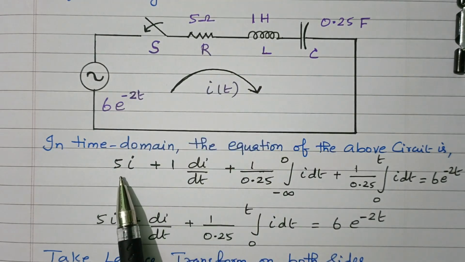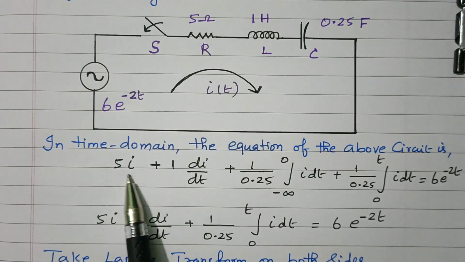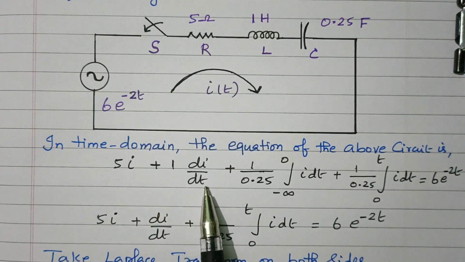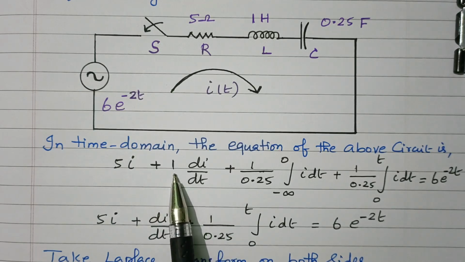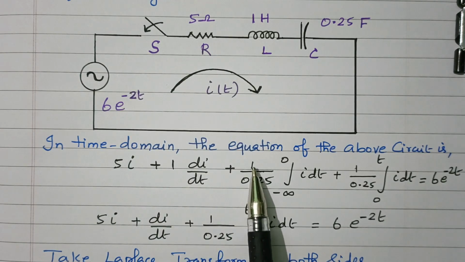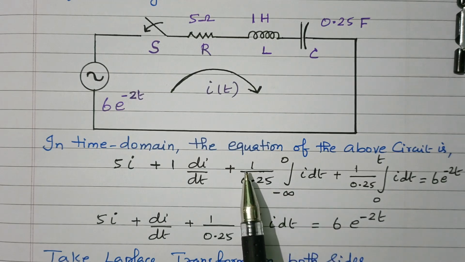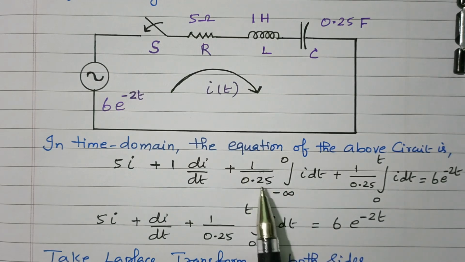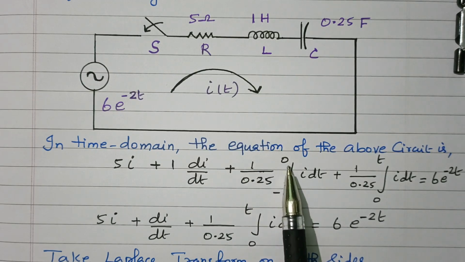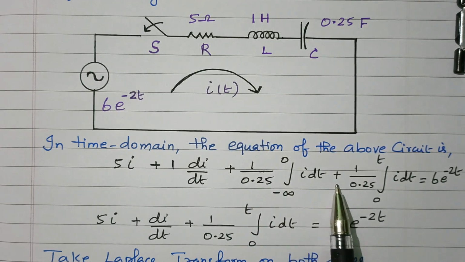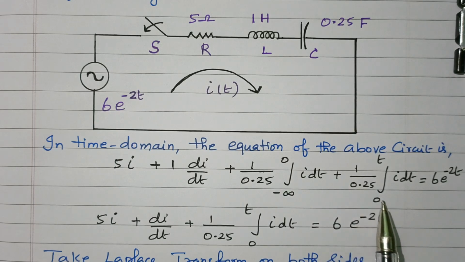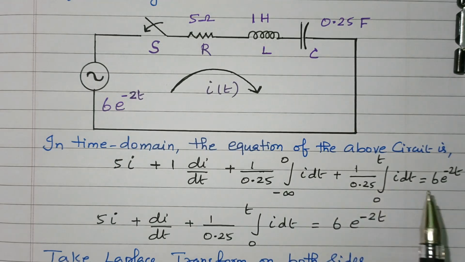So 5 into i, voltage drop across resistor, plus voltage drop across the inductor, 1 L di by dt, the L value is 1, and 1 by C integral i dt, that is the voltage drop across capacitor. 1 divided by 0.25 integral minus infinity to 0 i dt plus 1 divided by 0.25 integral 0 to t i dt, that is equal to 6 e power minus 2t.